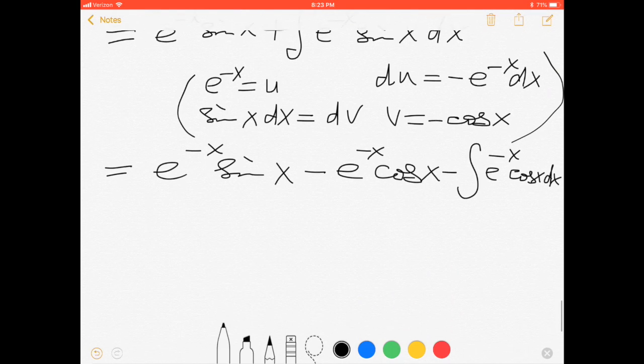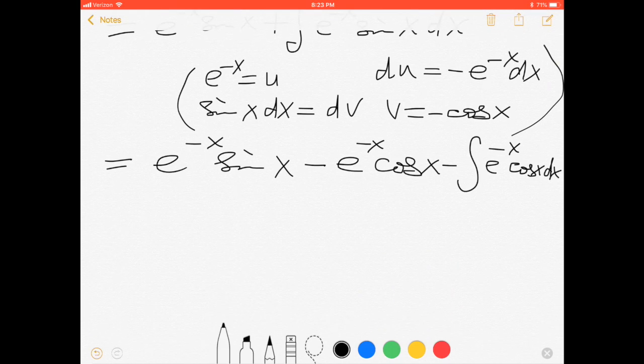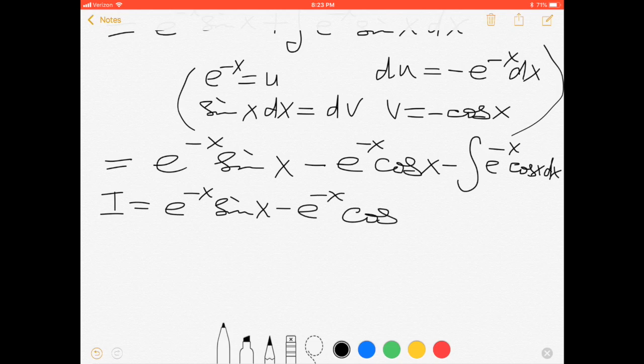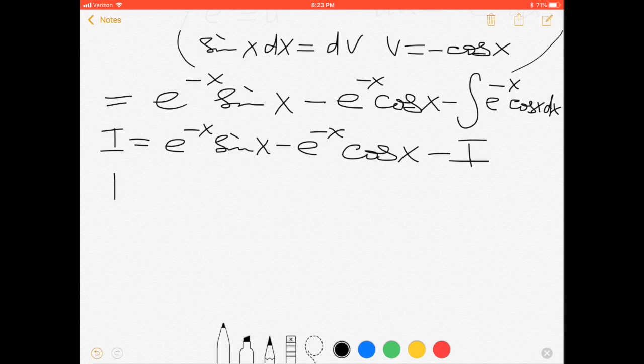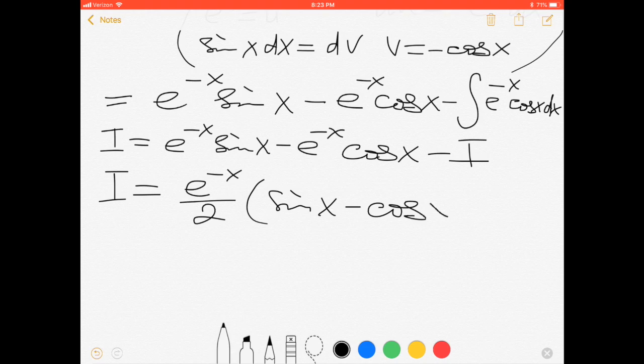We come to the same integral, and this means our integral equals e to the negative x sine x minus e to the negative x cosine x minus the same integral. I don't write plus c here because we have a definite integral and then we plug in limits. I'm only preparing my function, what kind of function I need. This means here I have e to the negative x times one half, sine x minus cosine x.